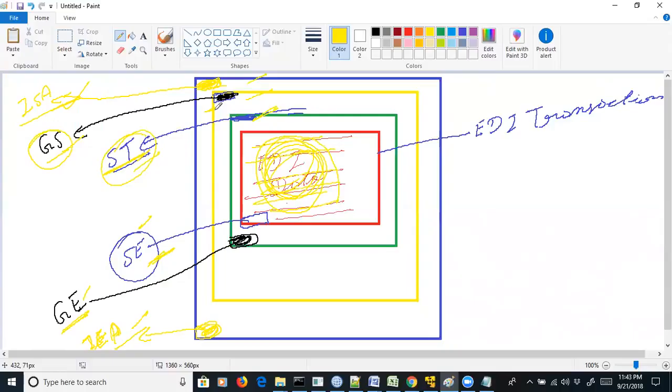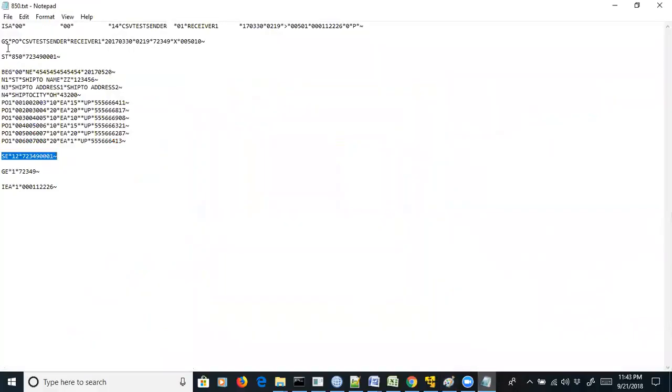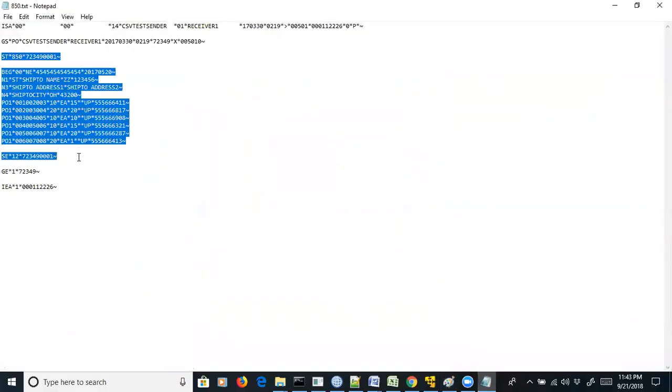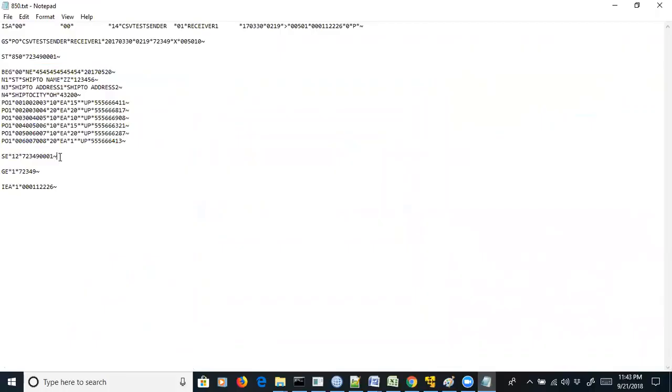Your group envelope clubs or surrounds similar types of transactions. In this example we have only one ST, or only one transaction, right?